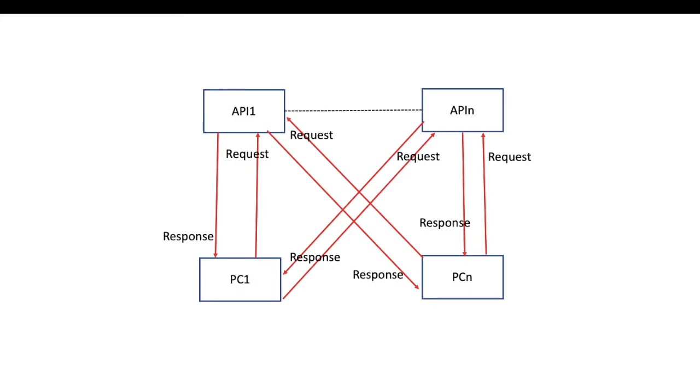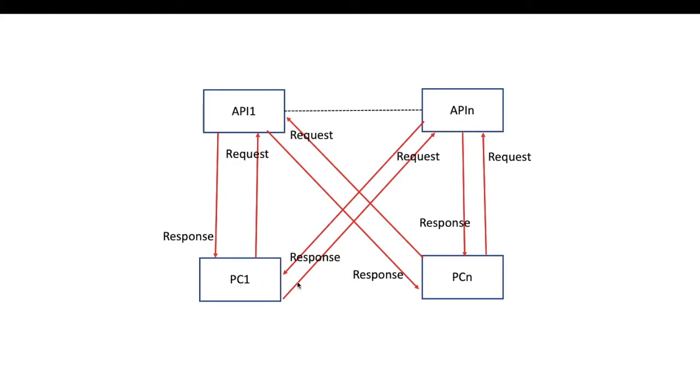Same thing we have as a general view. Here we have as many clients or PCs, and we have many APIs located in different hosts, let's say from API 1 until API n.